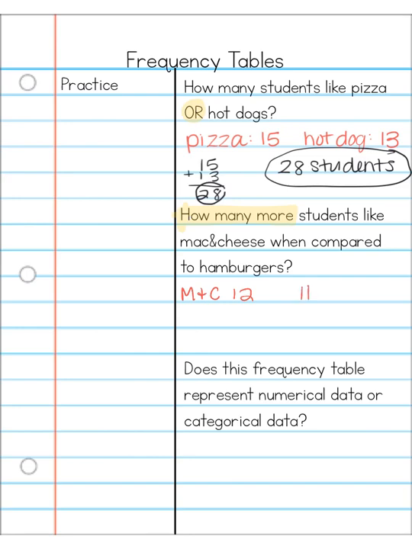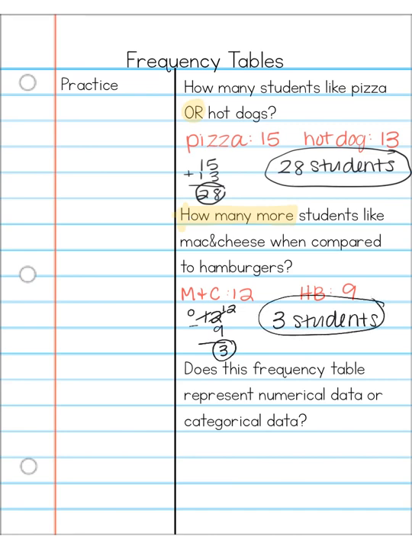Hamburgers had a frequency of 9. When I subtract 12 minus 9, I can't do 2 minus 9, so I'm going to regroup. 12 minus 9 is 3. So there were 3 more students who liked mac and cheese than the number of students who liked hamburgers.